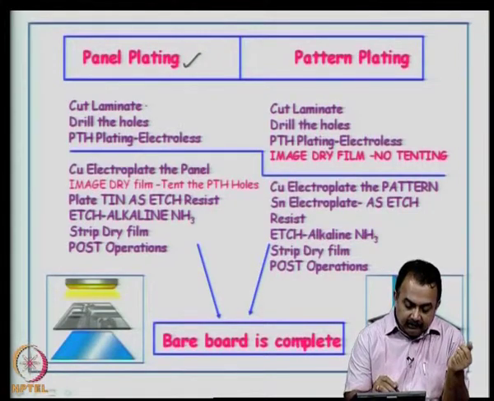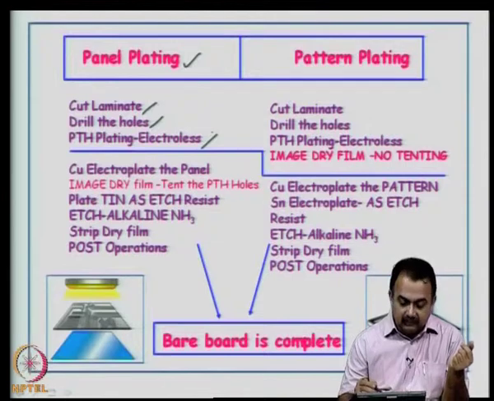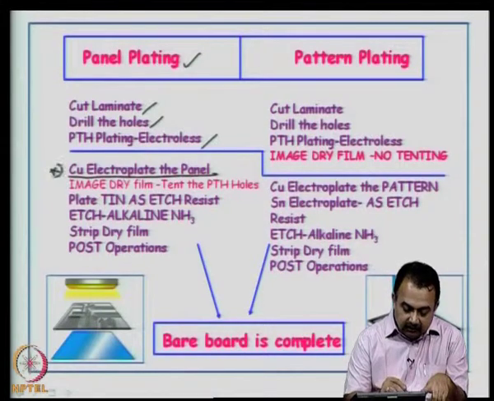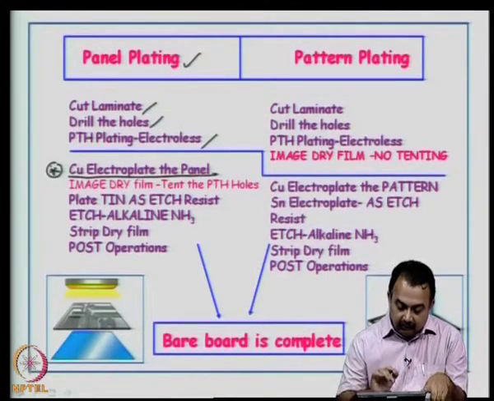You cut the laminate, drill the holes, do a PTH plating including electroless. Now, since it is panel plating, you plate the entire panel. So, this is the important step that distinguishes between panel and pattern plating.